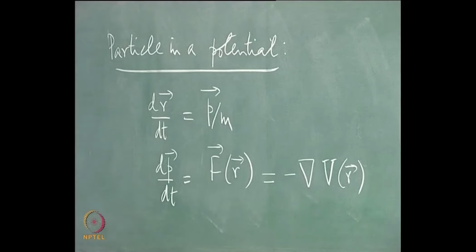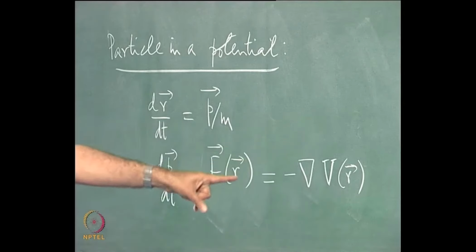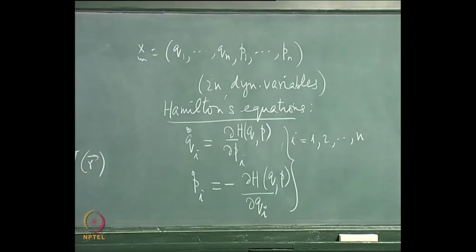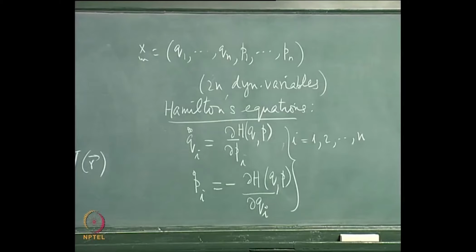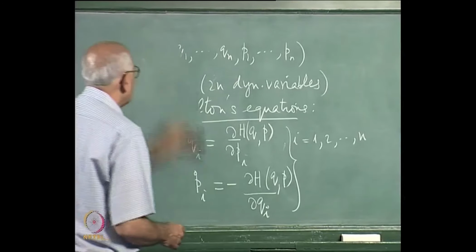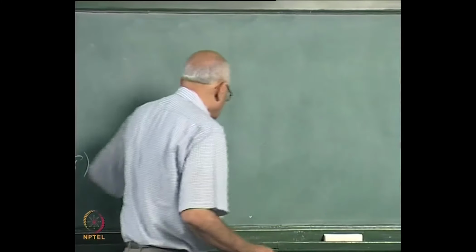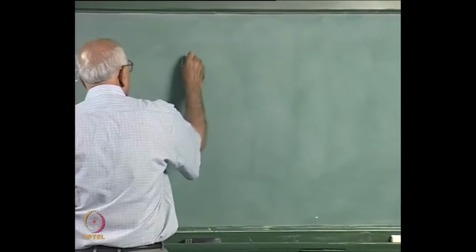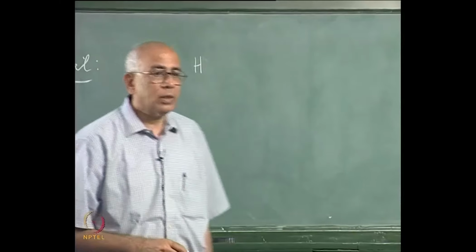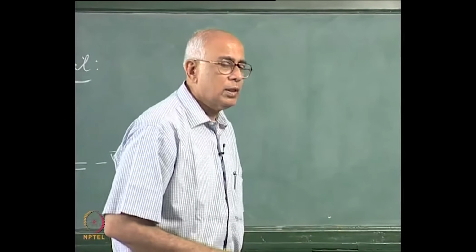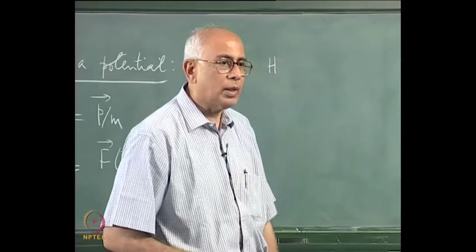The question is, is it of that form at all? Can we write it in the form of Hamilton's equations? By hindsight we know we can, because we know that in ordinary mechanics with conservative forces the Hamiltonian of the particle has the connotation of the total energy of the particle, which is the sum of its kinetic energy and its potential energy.